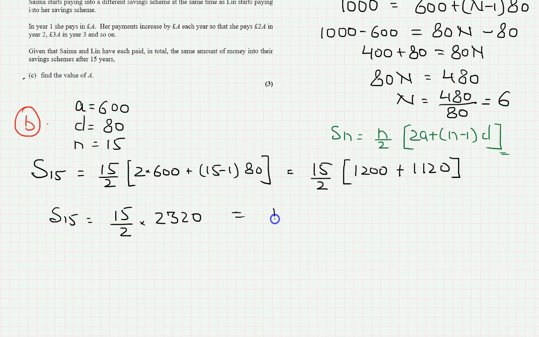So this will be 17,400 sterling pounds. So she pays 17,400 into her saving scheme.